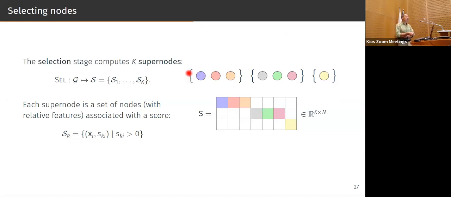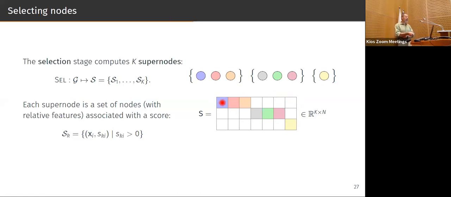The key point is to pass through a matrix called the score matrix, which is this S. Here you have the number of nodes, and here you have the number of meta nodes that you want to keep. Like in clustering, where you say K-means, I want K, you set K. We want K meta nodes, and here we have the N starting nodes.